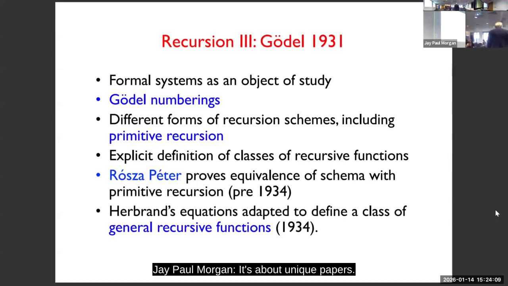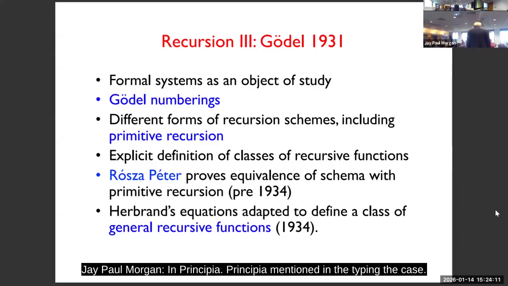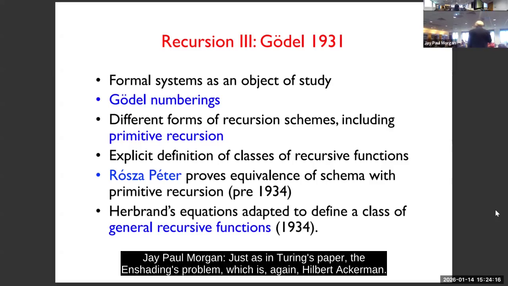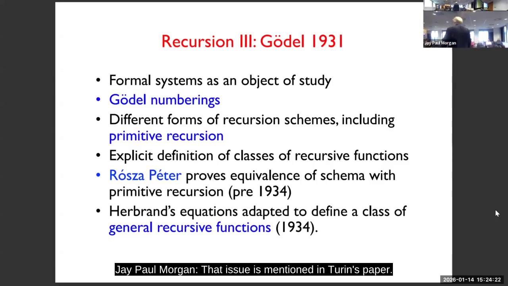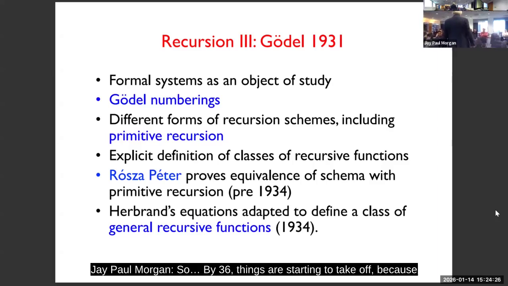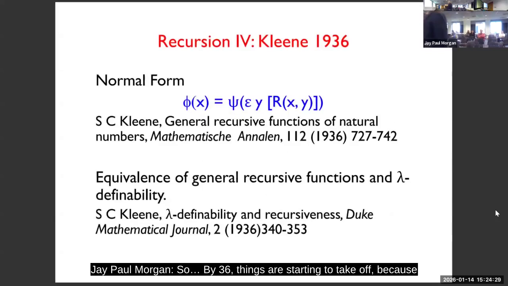And remember what Gödel's paper is called. It's about incompleteness in Principia. Principia is mentioned in the title of Gödel's paper, just as in Turing's paper, the Entscheidungsproblem, which is again a Hilbert-Ackermann issue, is mentioned.